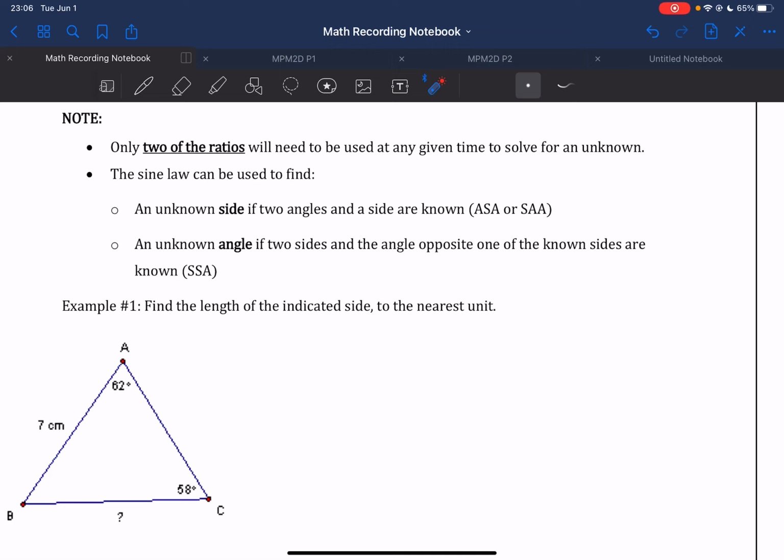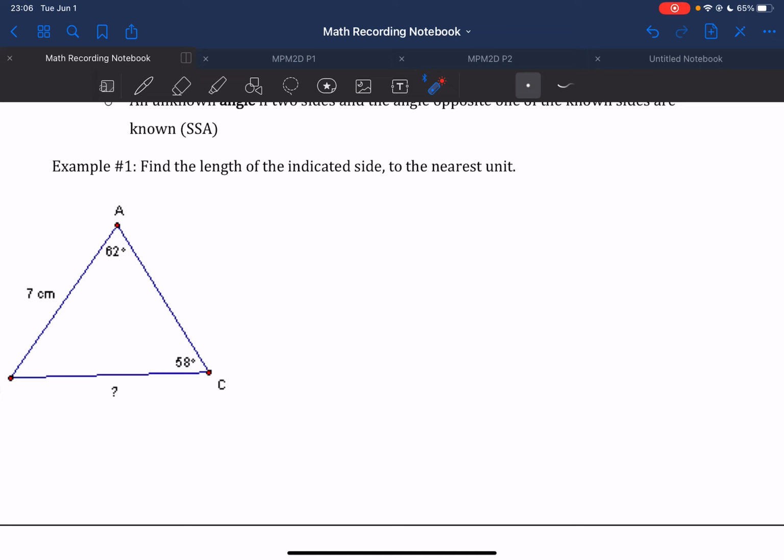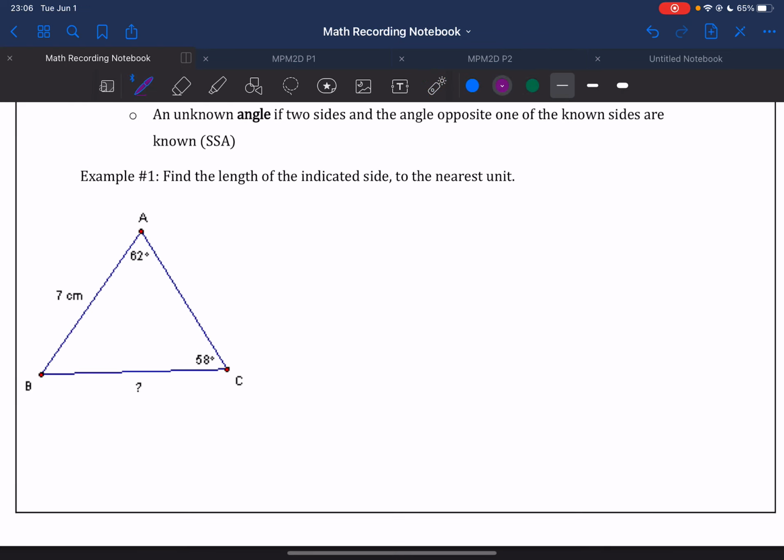So those are a bunch of words. Let's try putting this in practice. If we're looking at this triangle right now, we have two known angles, and across from one of the angles, we have a known side. What we're trying to find is the side across from angle A. So this is little a, and we know little c. We're going to start by writing out our sine law.